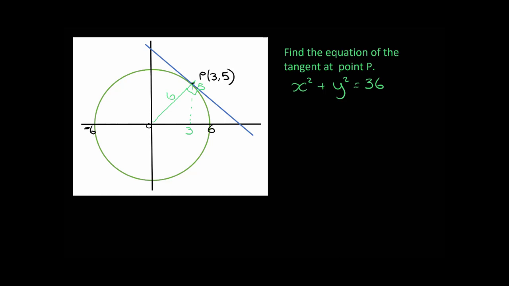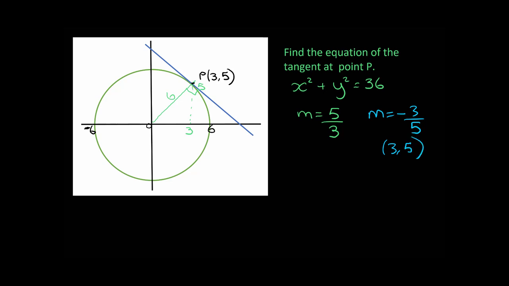In terms of the gradient of that green line, the change in the y direction is 5 and the change in the x direction is 3. So that's the gradient of the green line. That means that the blue line's gradient will be the negative and flipped version, so it'll be minus 3 over 5. And we know that the point 3, 5 is on that line.